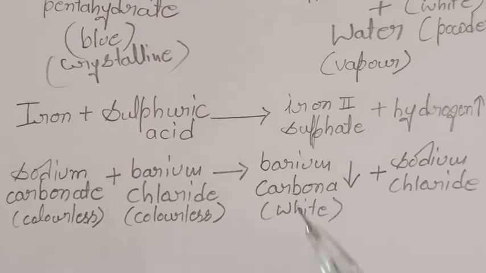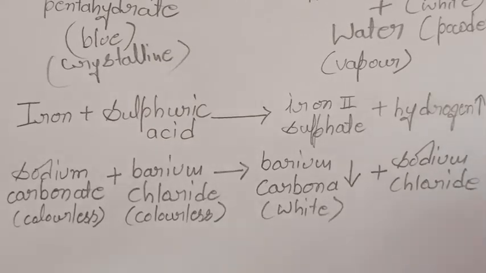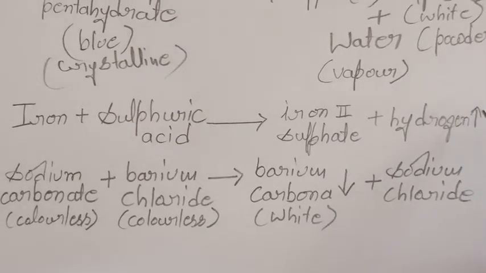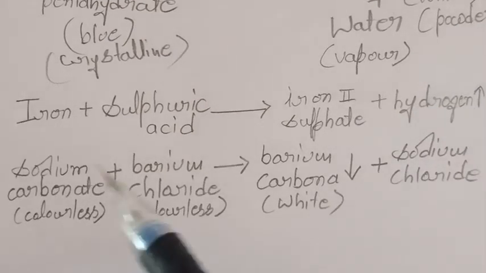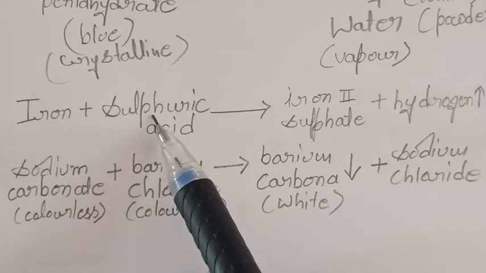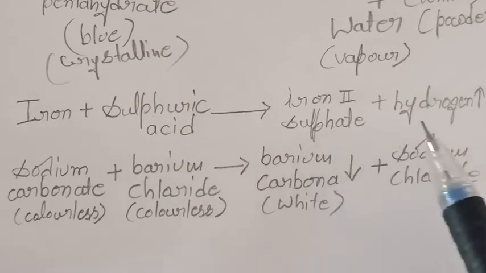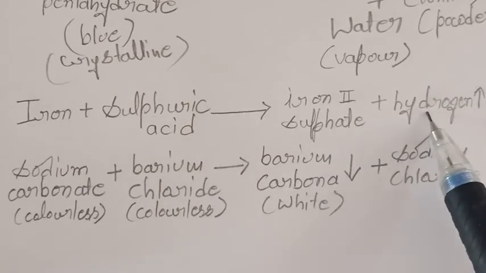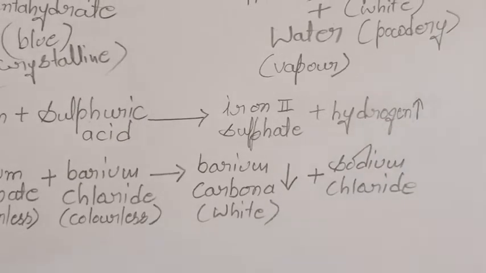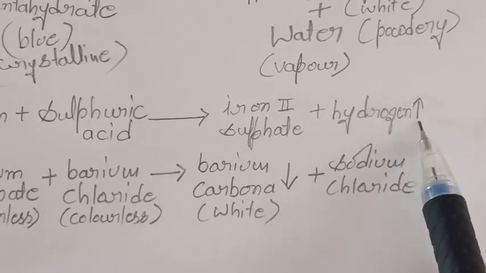Students, the next condition is indicating a gaseous product and a precipitate. The gaseous product is shown by the upward arrow. Here, when iron reacts with sulfuric acid, together they form iron(II) sulfate and also release hydrogen gas. Being a gas, hydrogen is shown by the upward arrow.